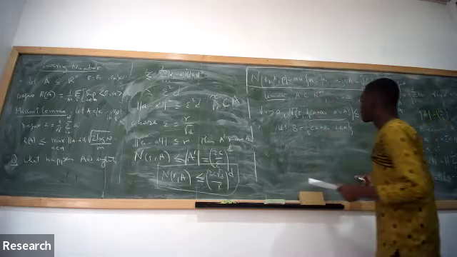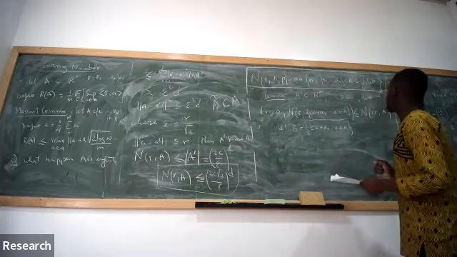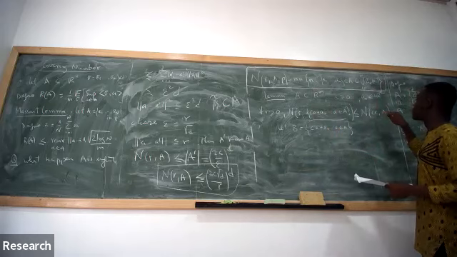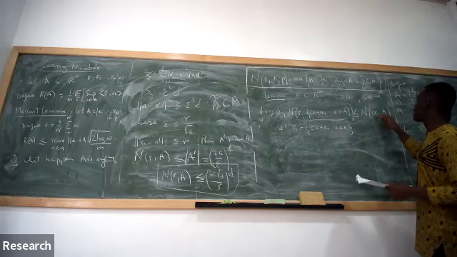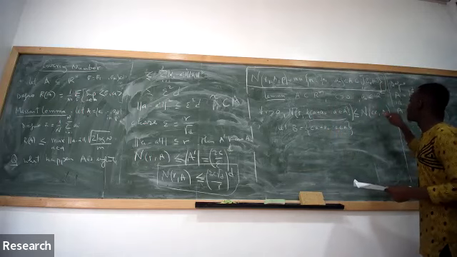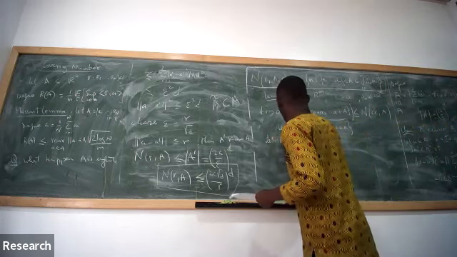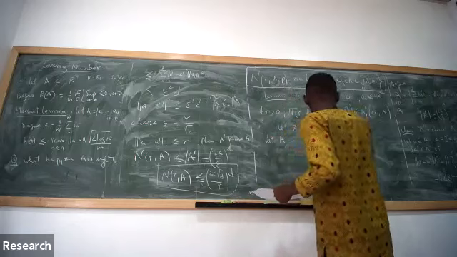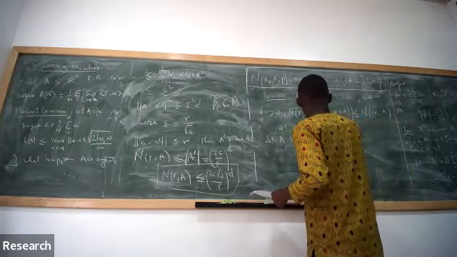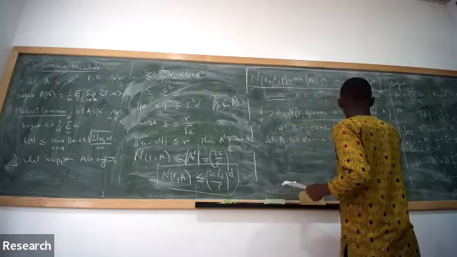Now suppose that A prime, with radius R over C, covers A. So let A prime actually be the minimal such cover.